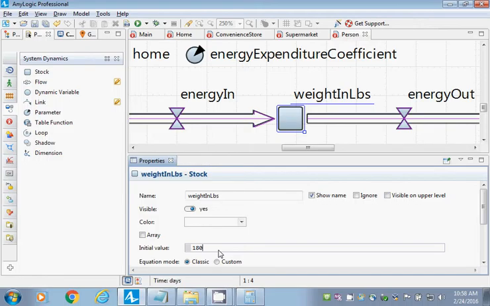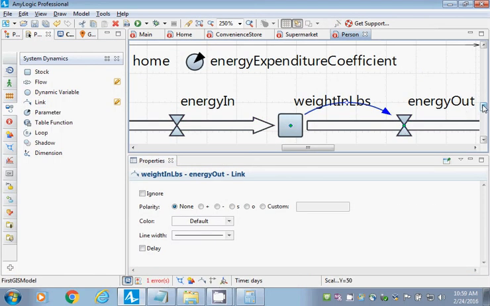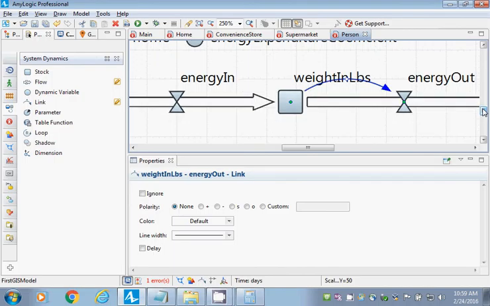Okay. Next, ladies and gentlemen, I would like to set what's called a first order delay, and what this is going to be is a decay from the stock, which is going to depend on two things. It's going to depend on the stock. So the output here, energy out, is going to depend on the stock.